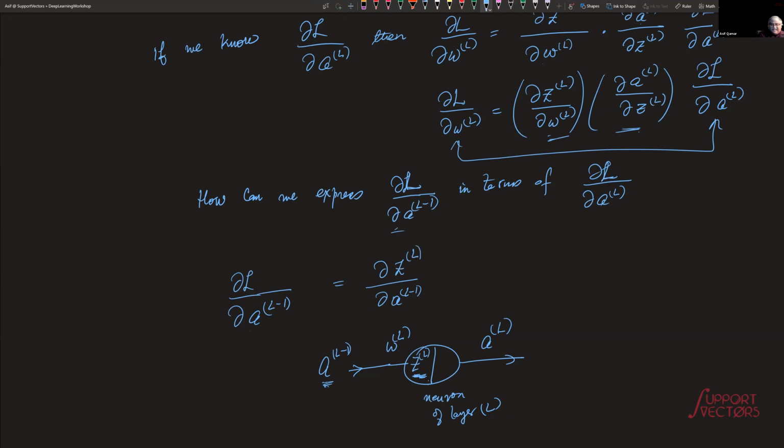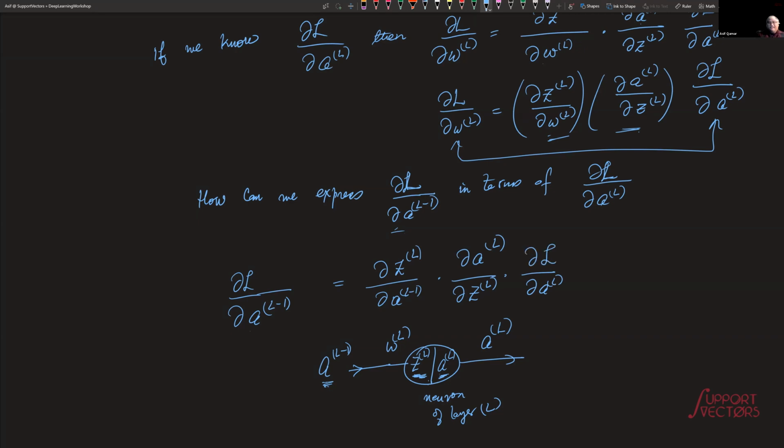Now what will the Z change lead to? It will lead to a change of A^L, the activation. This small change will cause this activation to change. And a small change in activation will, of course, lead to a small change of the loss itself.